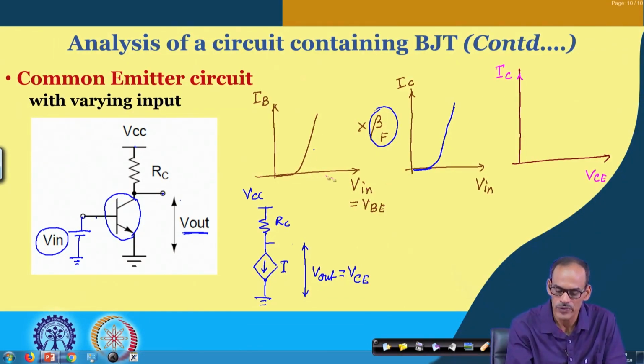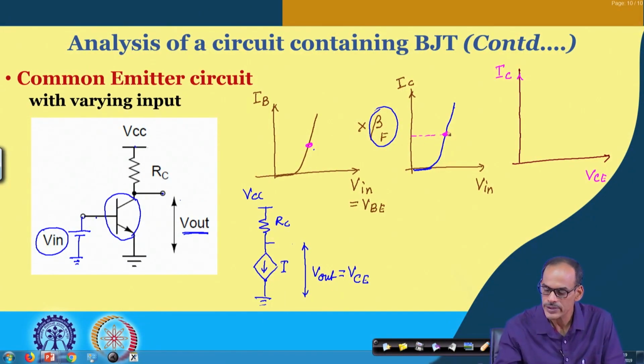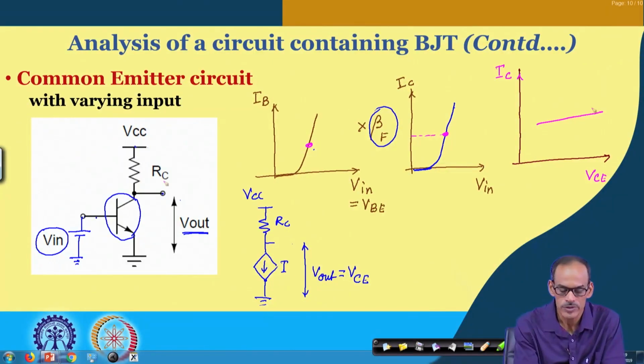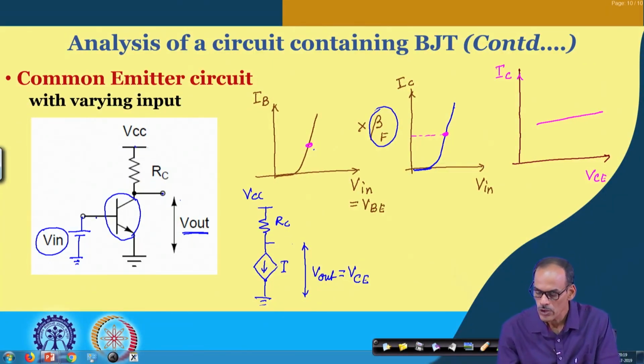For a given value of V in, say at this point, we multiply with beta f, and then we get the corresponding collector current, and this current is flowing through this RC at the output terminal.